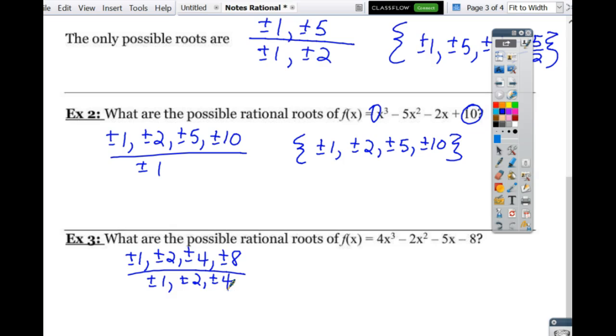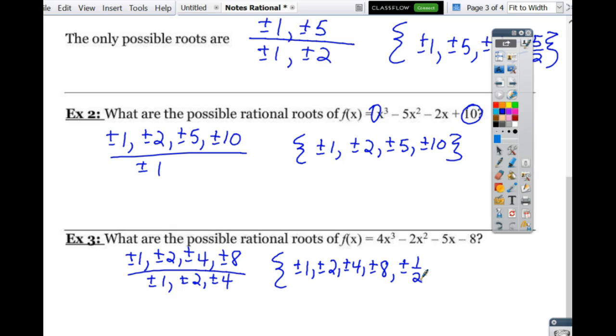So my possibilities? Always. No. You write it this way because that's how this works. So I'm going to ignore the 2 and 4, and I'm going to have plus or minus 1, plus or minus 2, plus or minus 4, and plus or minus 8. And then I'm going to the 2. Plus or minus a half.